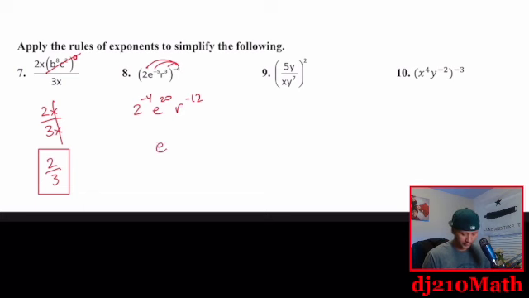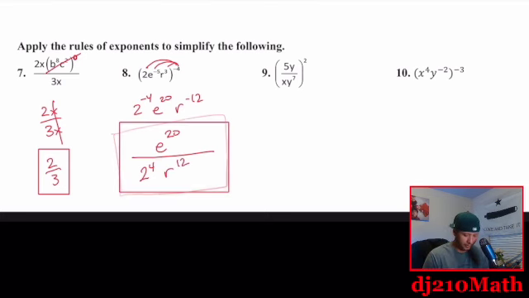So what I'm saying is e to the 20 is on top, 2 to the 4th, r to the 12th. So 2 to the 4th is really 16, but I'm not too worried about that, right? As long as you know that negative exponents move, right? Negative exponents either move to the denominator or they move to the numerator, depending on where they start out at.